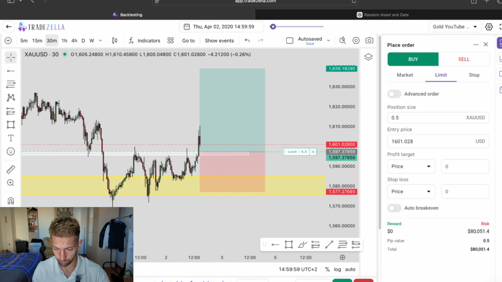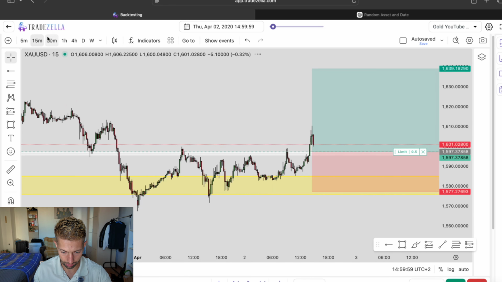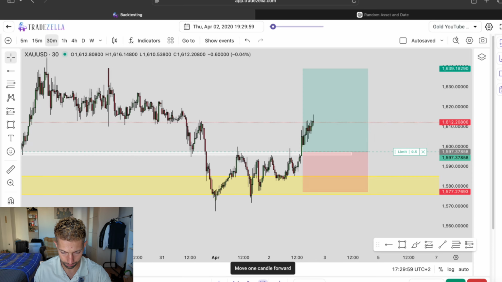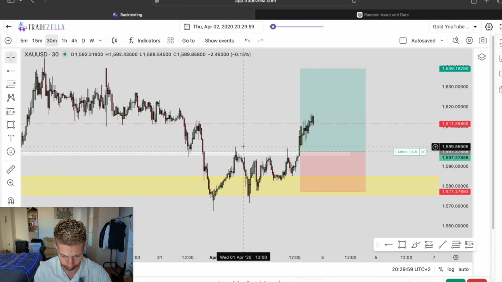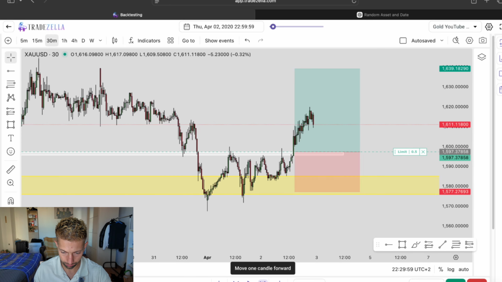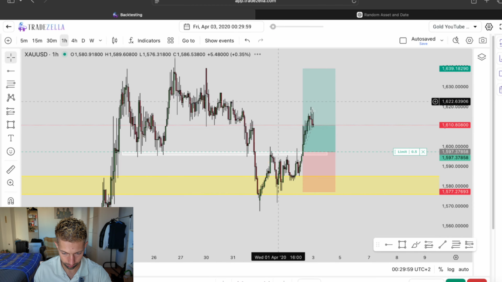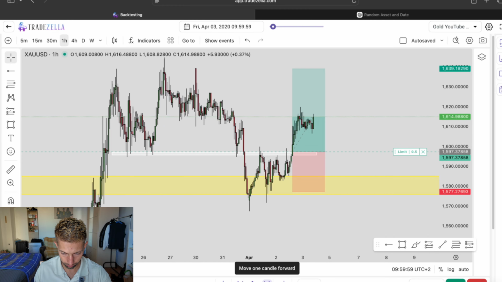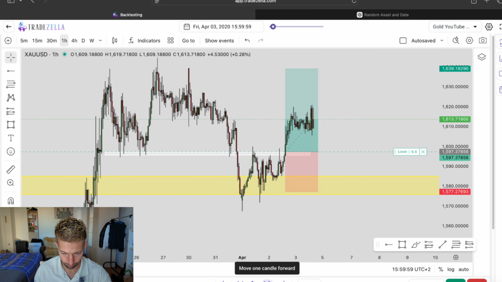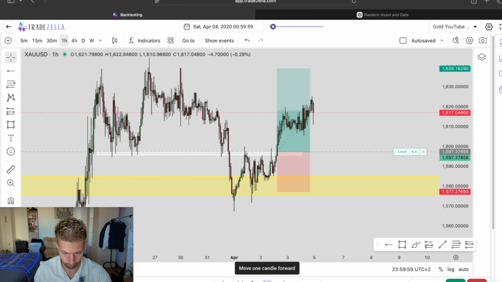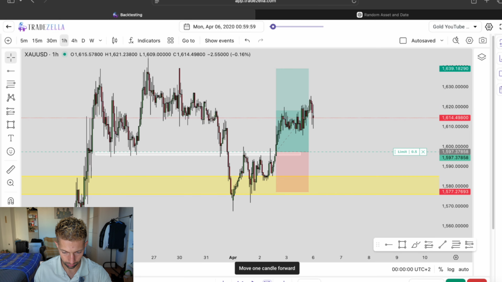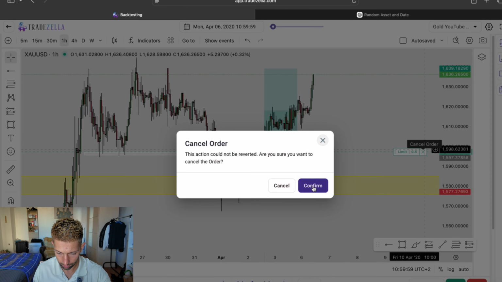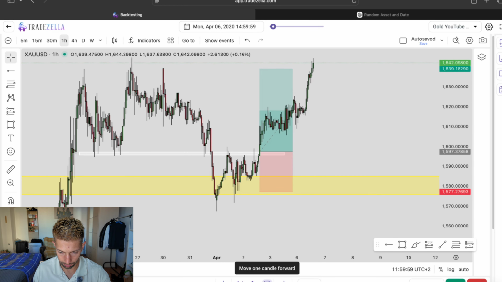Let me risk 1k, and let's just wait and see if we can actually get the retest. Yeah, I think we can. Yeah, we can delete the limit, and TP would be hit.